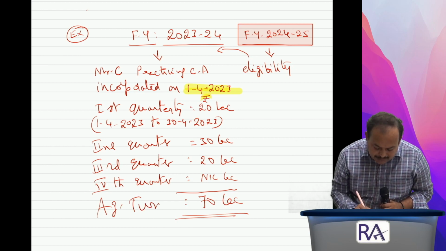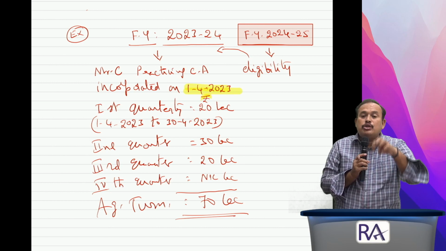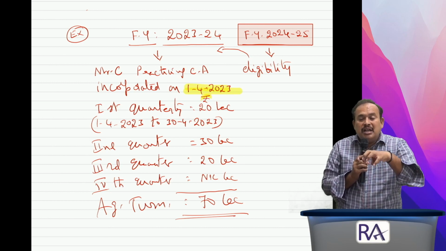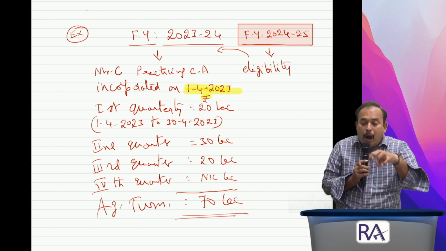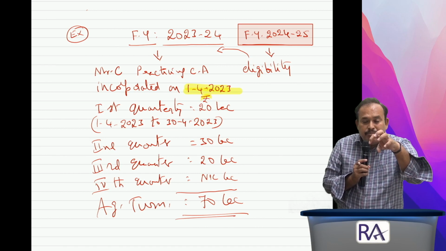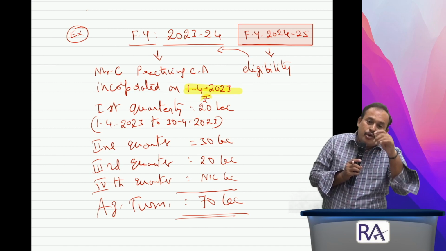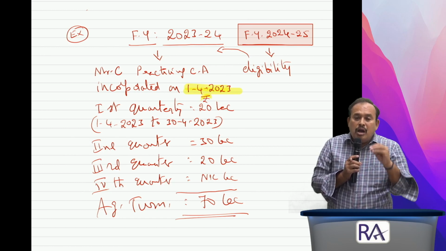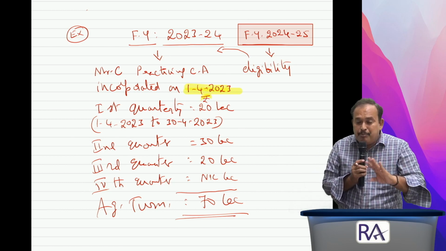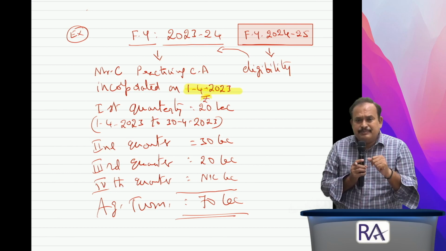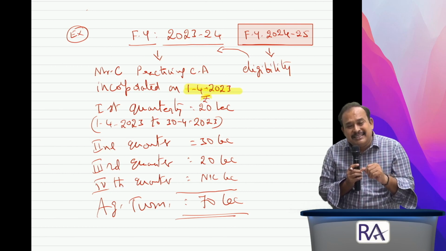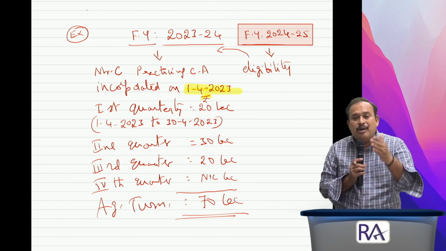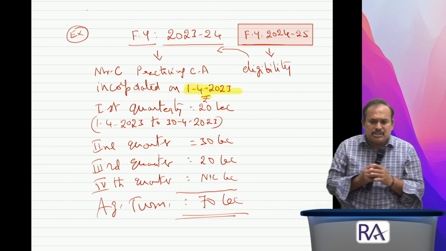Now the point here is, my dear sir, in the year 23-24 I want to opt for the composition scheme. My previous year 22-23 was 0, so I am eligible. Up to 30th June I have not registered. First quarter means what?